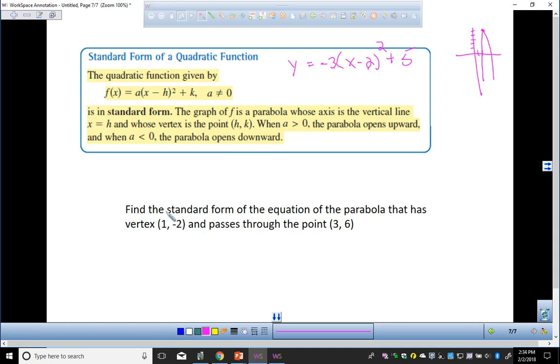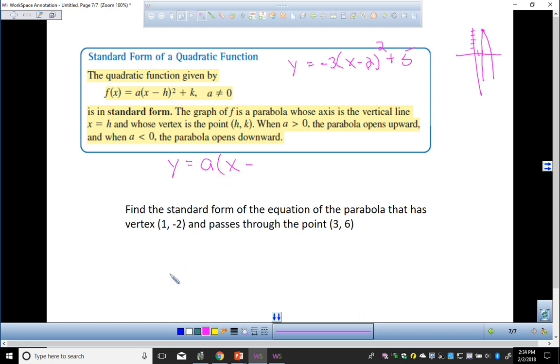Now what if I want to do this one? How would I do that? You plug in the vertex into the vertex form. Right, so in this one you go kind of backwards, okay? So you say y equals, I don't know what a is yet, but I do know that y equals a times (x minus h).